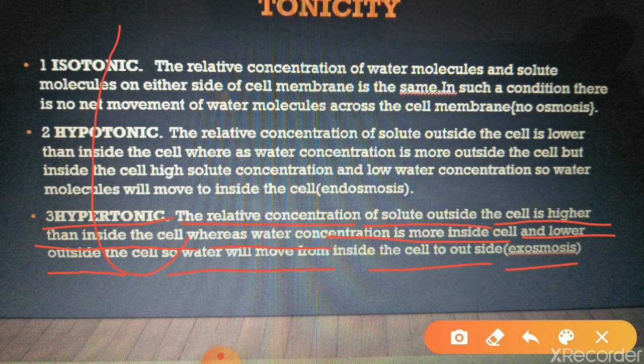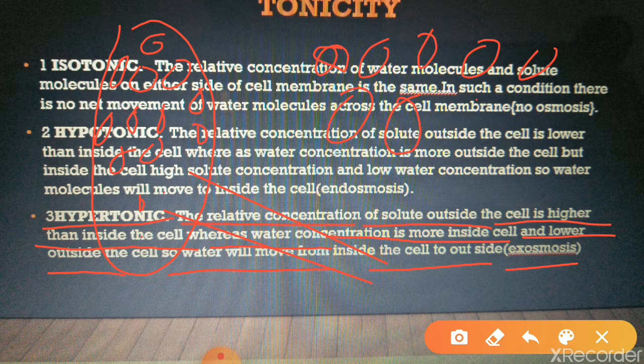Consider this is a cell. Inside the cell the water concentration is very high and solute concentration is low, whereas solute concentration outside the cell is very high, and water concentration is very less.